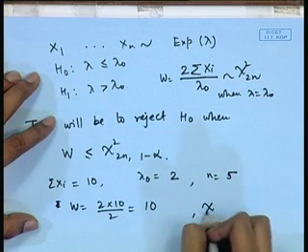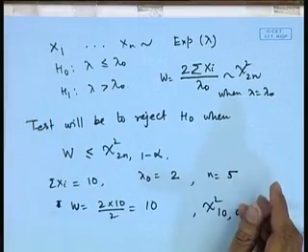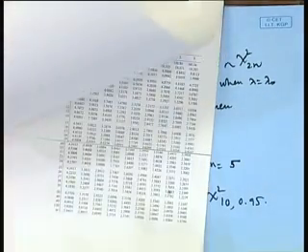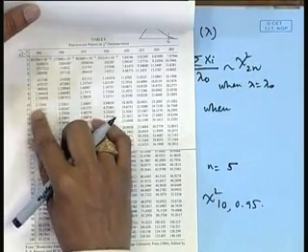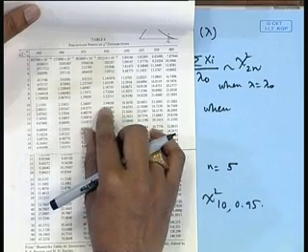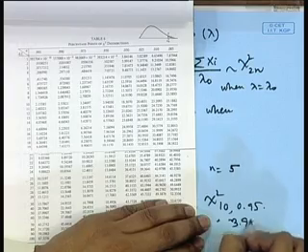Now, if you look at chi-square value of 10 degrees of freedom at say 0.95, from the tables of the chi-square distribution, the value is 3.94.